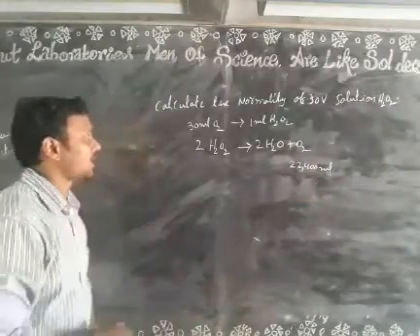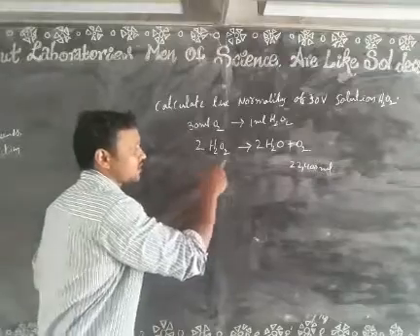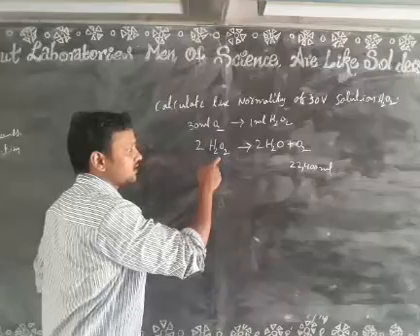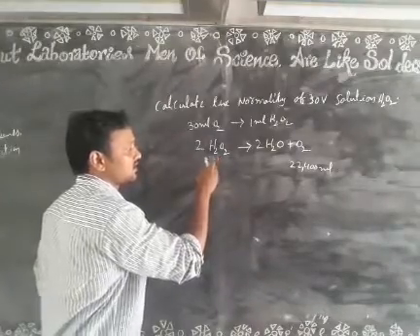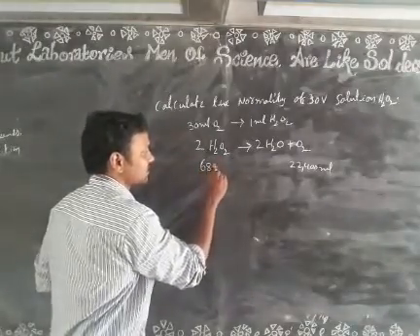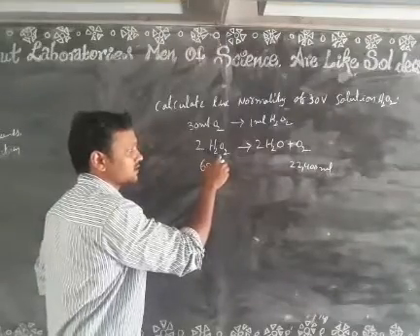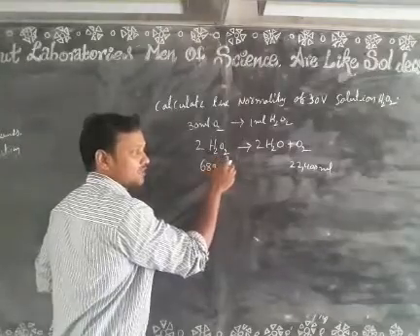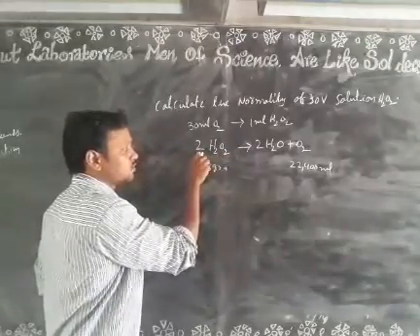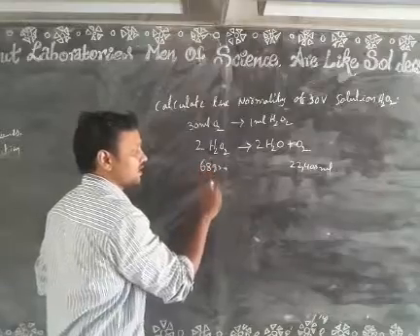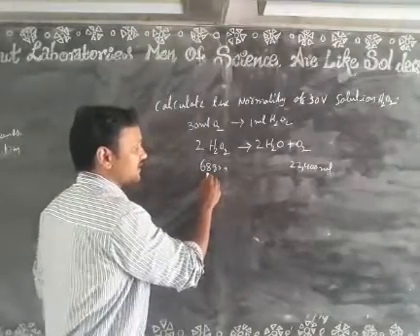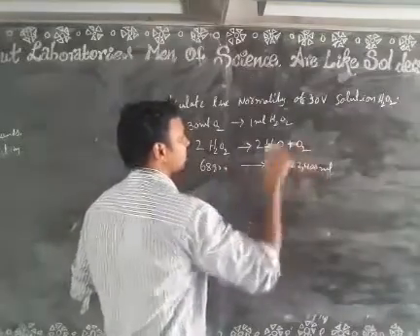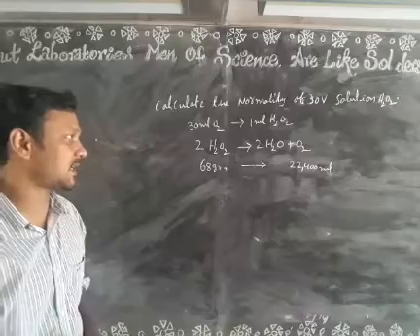Here, 2 moles of hydrogen peroxide is 68 grams, since the molecular weight of hydrogen peroxide is 2 plus 32, that is 34, and 2 into 34 is 68. When 68 grams of hydrogen peroxide is decomposed, it gives 22,400 ml of oxygen at NTP condition.